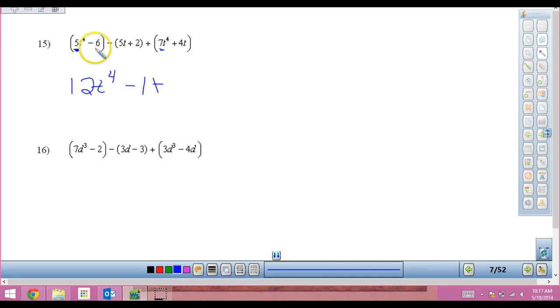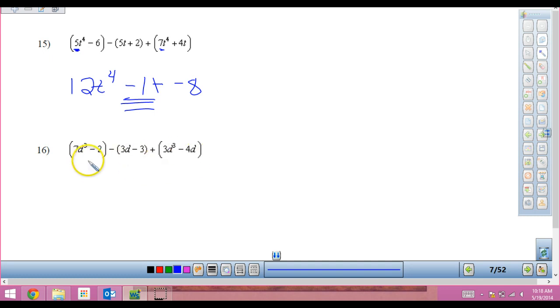And then we've got a negative 6 minus 2 is going to give us a minus 8. Okay, I think on the key that is in Daily Planner, this is wrong in the key. That should be a minus 1t.